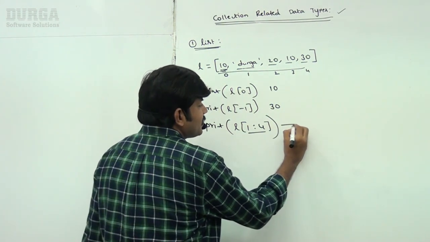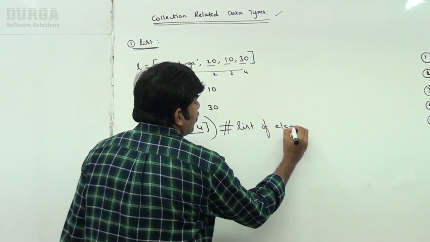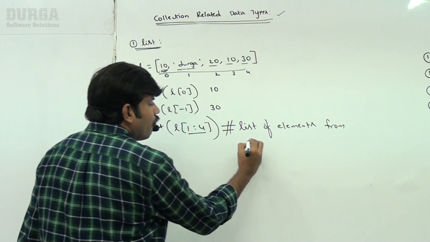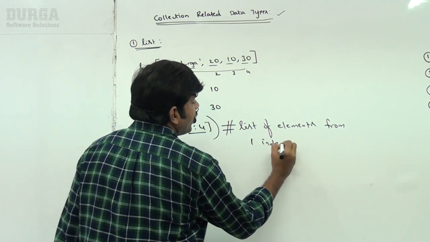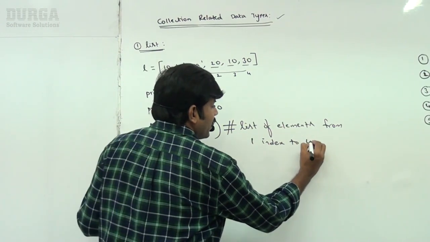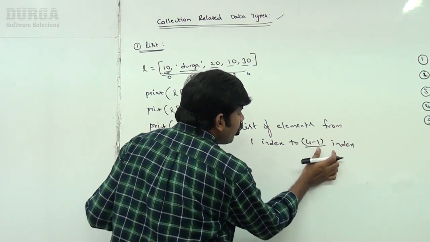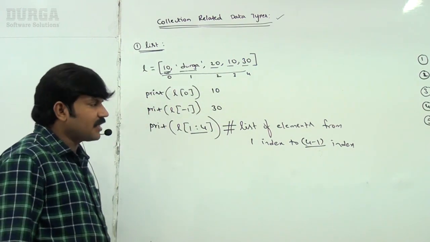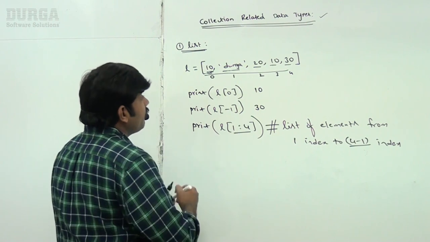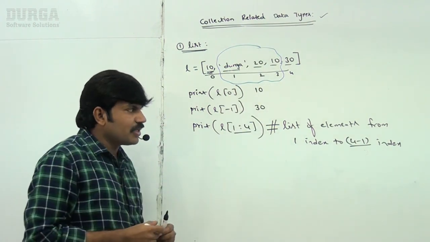It returns a list of elements from the begin index to n minus 1. 4 minus 1 means 3 index. So 1 index to 3 index means the values are Durga, 20, 10. This is the value we are going to get.